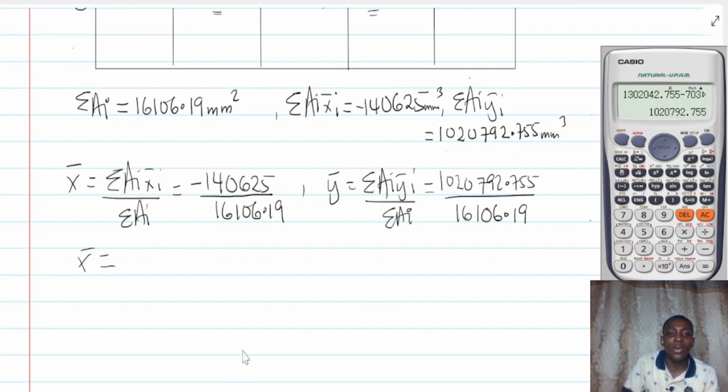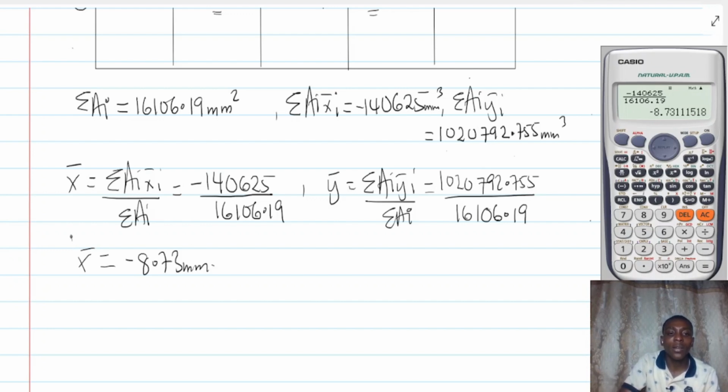Now, if I do this, for the x bar, I'm going to calculate minus 140,625 divided by 16106.19. We need to make sure that all the values we are getting are correct. So that's why I'm taking my time to do that. So the x bar is going to be minus 8.73 millimeters.